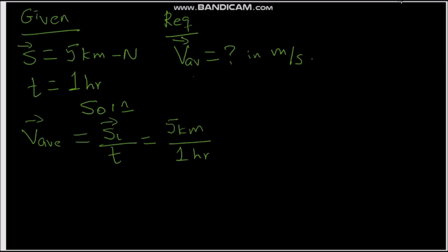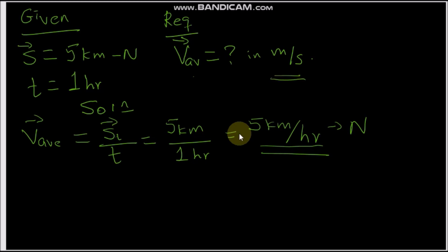Now this is equal to 5 kilometers per hour towards north, but we are required to give it in meters per second.